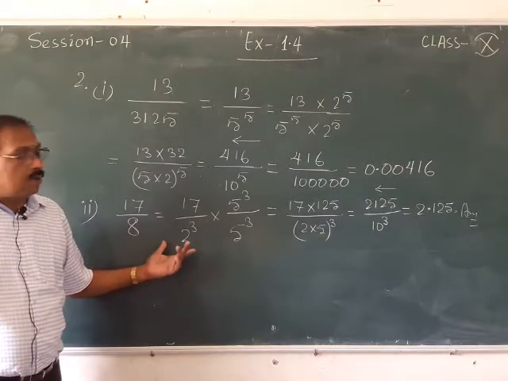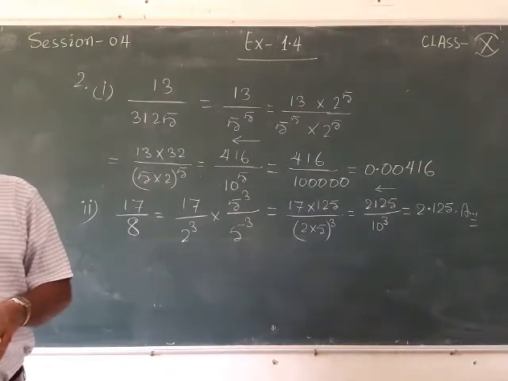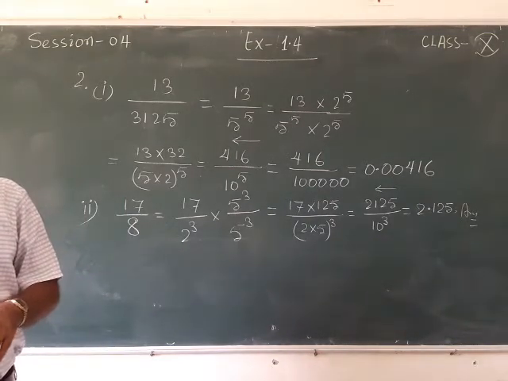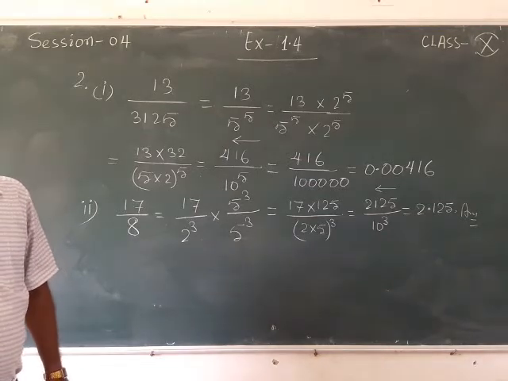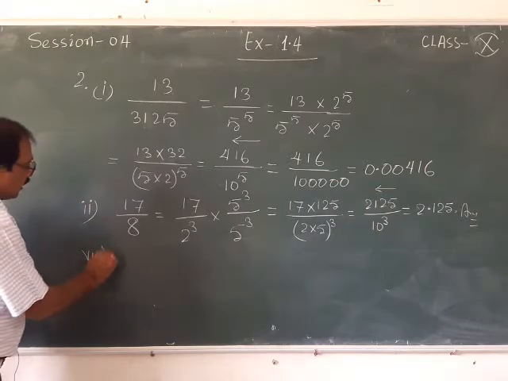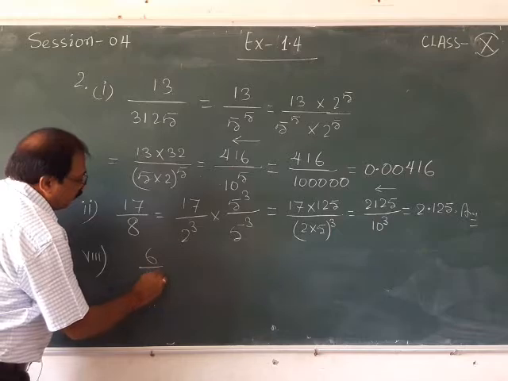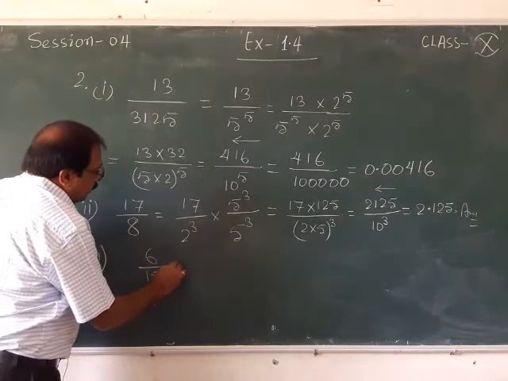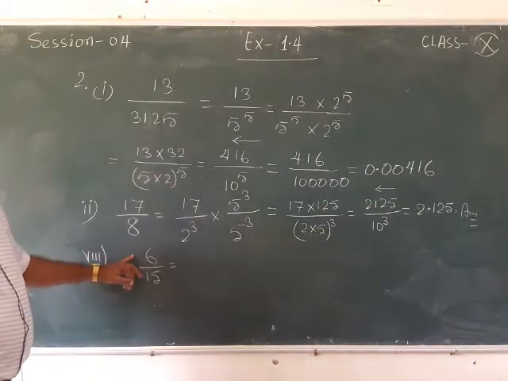Question number 2 you can also do. Now I am looking at the next question. This time I am taking one more question, suppose question number 8. It is 6 upon 15. Now you can see that 6 upon 15 is not written in its lowest terms.